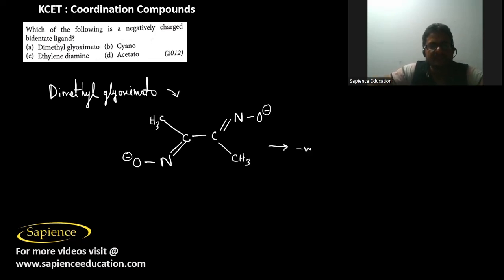It is a negatively charged bidentate ligand, since it has a -1 charge, but it can link through this oxygen atom also, or it can link through this other atom also. So it is a bidentate ligand, a negatively charged bidentate ligand.